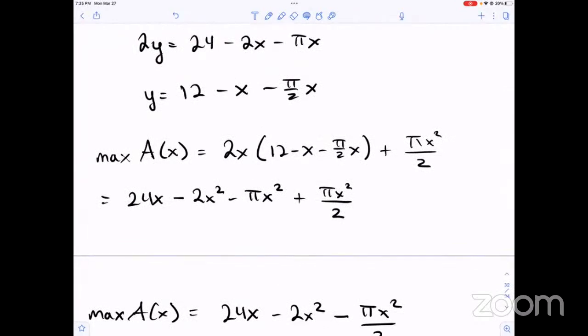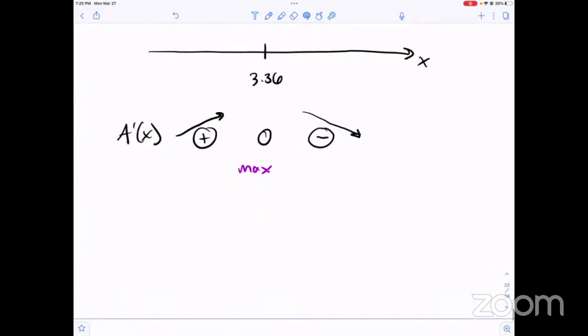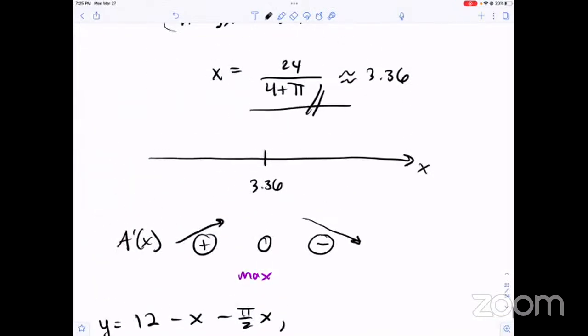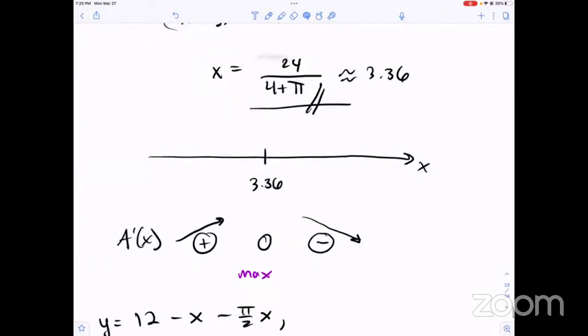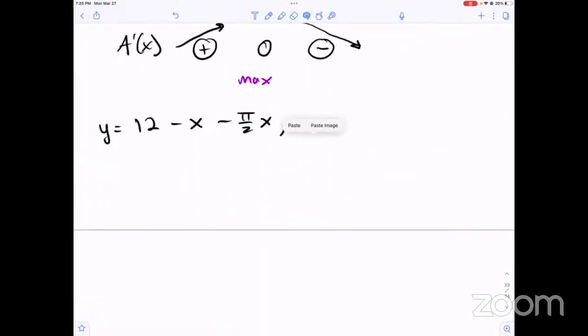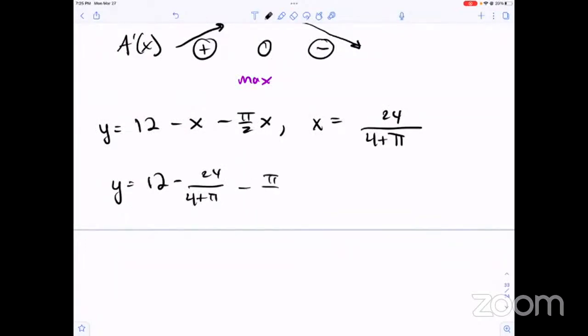Copy. Okay, so then Y is 12 minus that X minus pi over 2 times that X. So we just need to crunch the number.